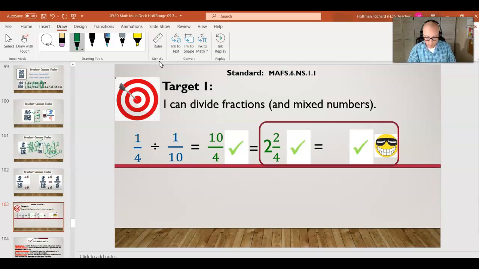How do we do that here, though, with a mixed number? Well, with a mixed number, we're going to keep the integer, in this case 2, the same. What about our fraction, 2/4? What can we divide 2/4 by? Same number on the top and the bottom, so it's really dividing by 1, keeping it equivalent in value.